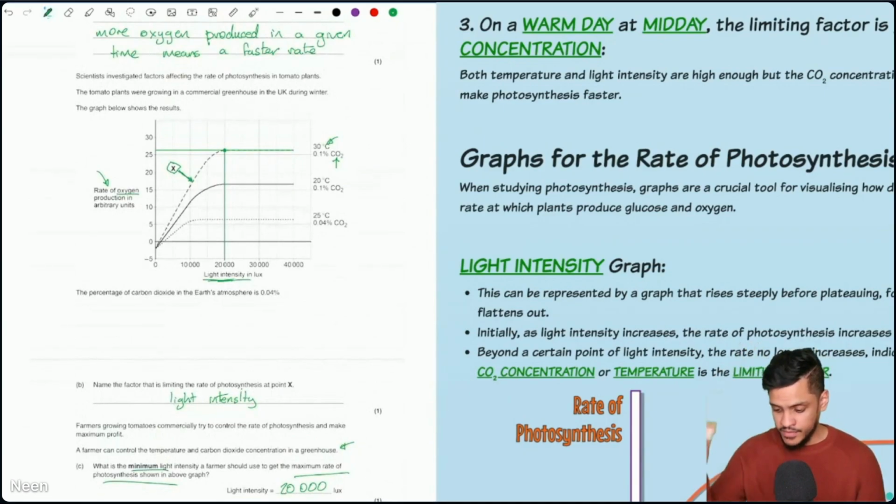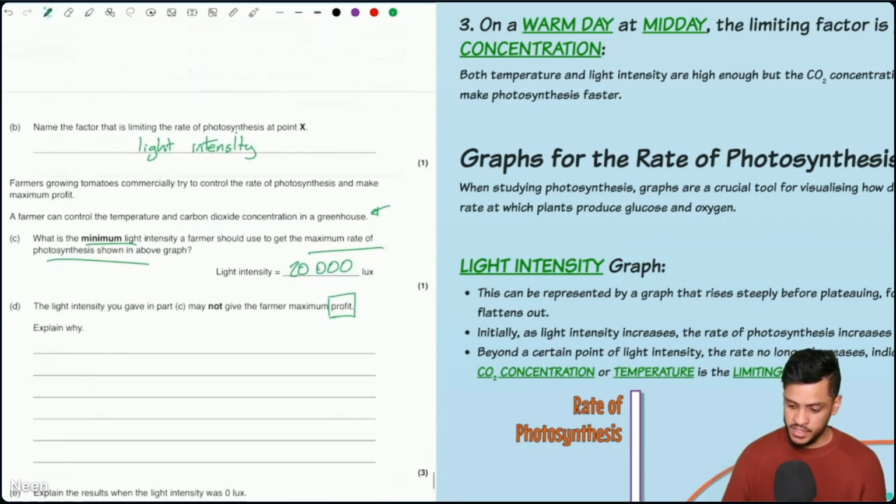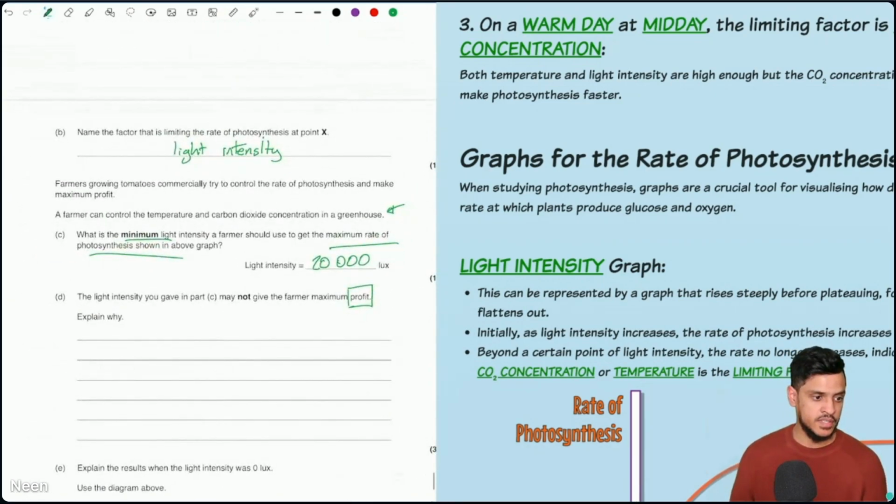So having a higher light intensity, having higher CO2, having a high temperature, all of that's going to cost money. That's going to basically eat into his profits. So for 3 marks here, you can mention some of these things. You can say heating the greenhouse costs money, or you can say it's expensive.